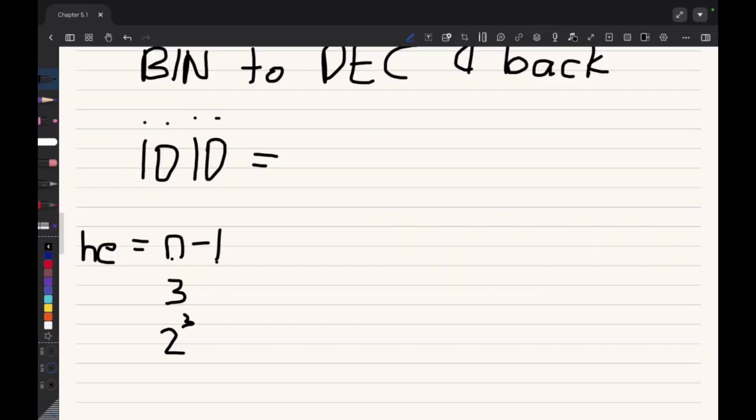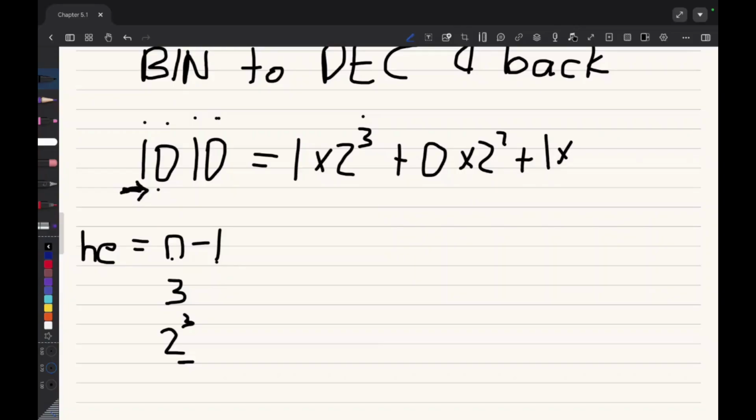Now we start writing these numbers from left to right. Let's go 1 times 2 to the power of the highest exponent, 3. Then we add. Here we have a 0, and then we subtract 1 from this 3, so it's going to be 2 to the 2, plus 1 times 2 to the 1, plus 0 times 2 to the 0.